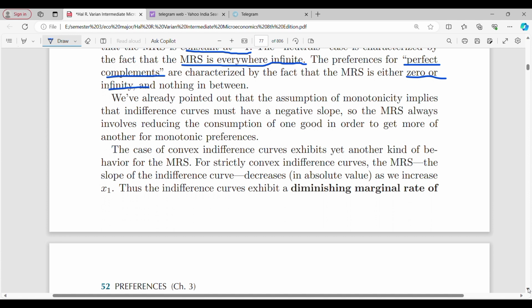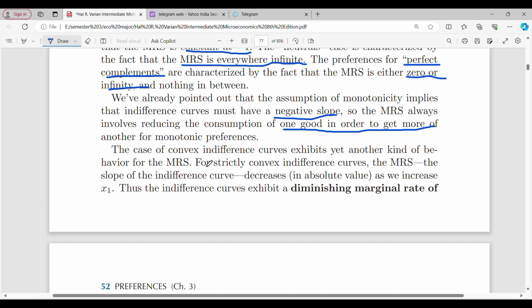Next, we have already pointed out that the assumption of monotonicity implies the indifference curve must have a negative slope. So the MRS always involves reducing the consumption of one good, sacrificing one good to gain another. That is for monotonic preferences. More is better.